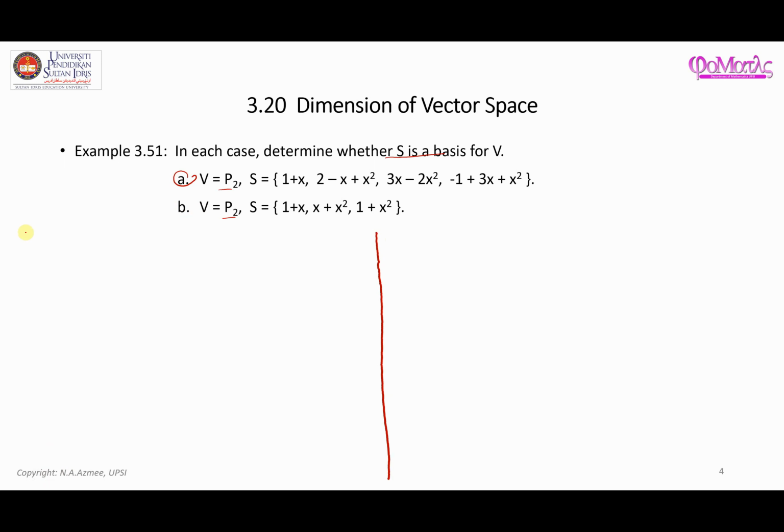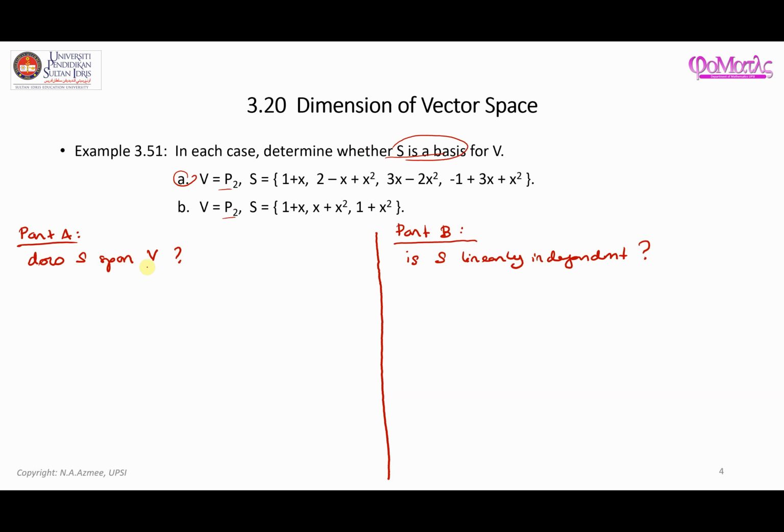I'm just going to label this as part A, which is to show that S spans V. And there is another part that we need to show, which is that S is linearly independent. So that's the process that you have to do in order to determine whether it can be a basis for a vector space or not.